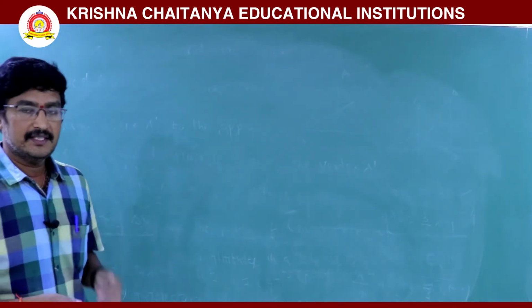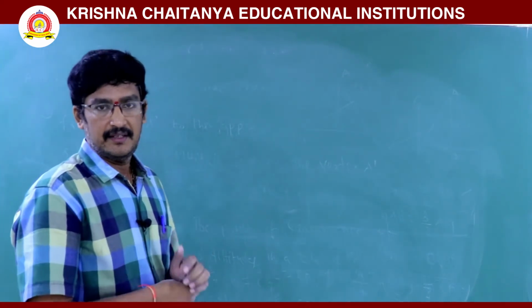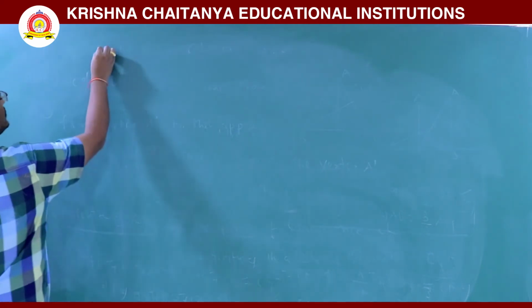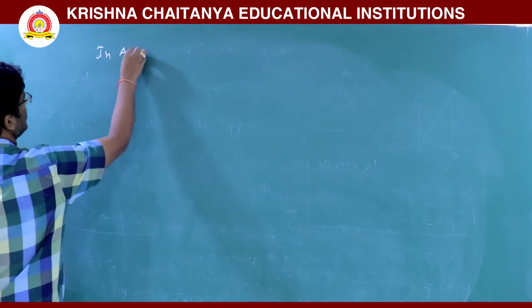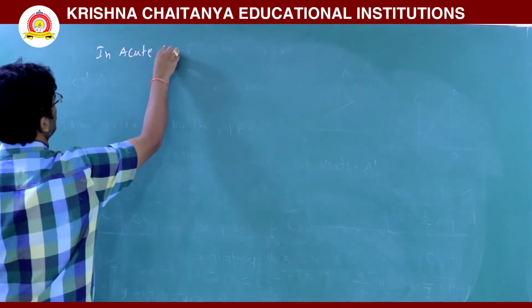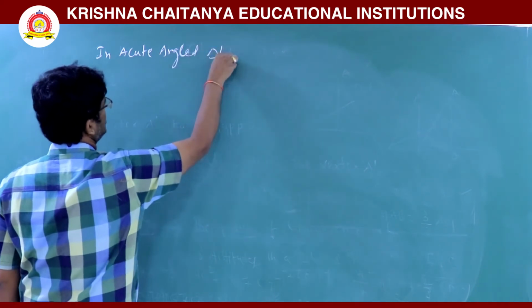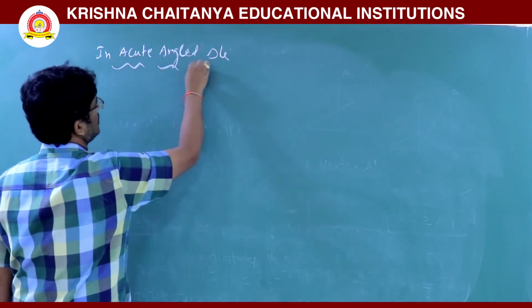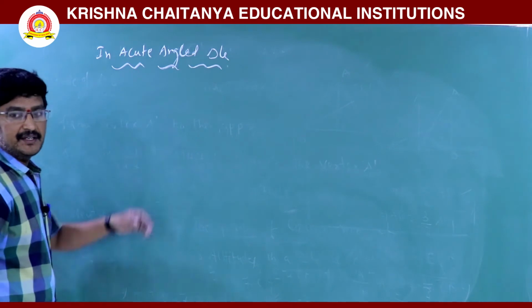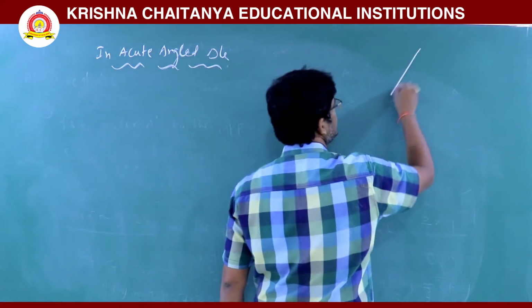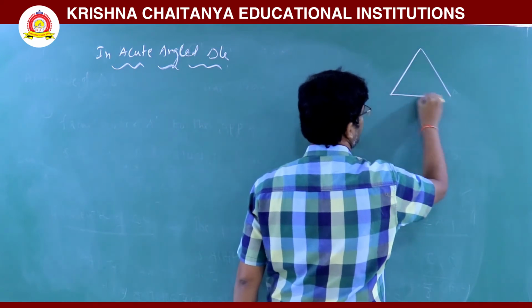So let us discuss more about the orthocenter of the triangle. Suppose we take an acute angle triangle. What is the meaning of acute angle triangle? This is a triangle ABC.